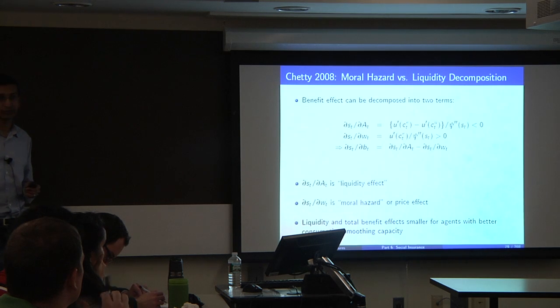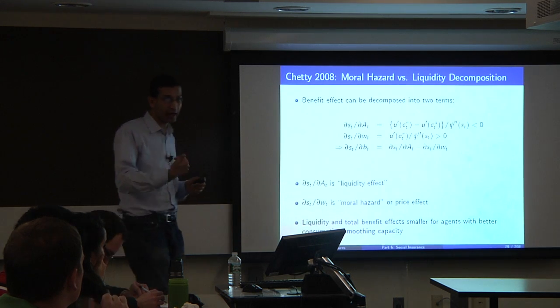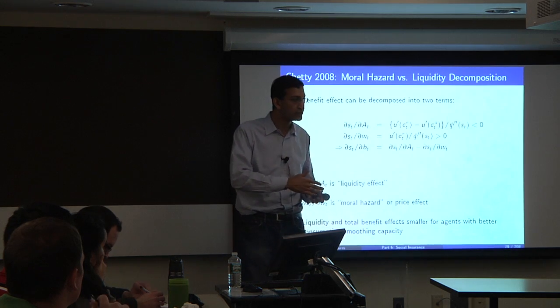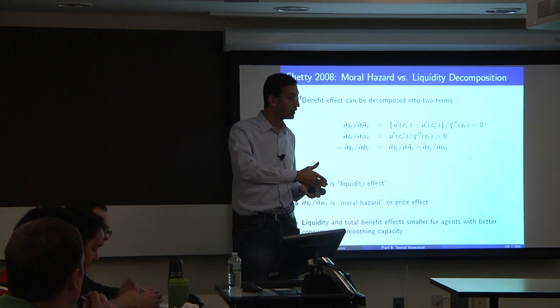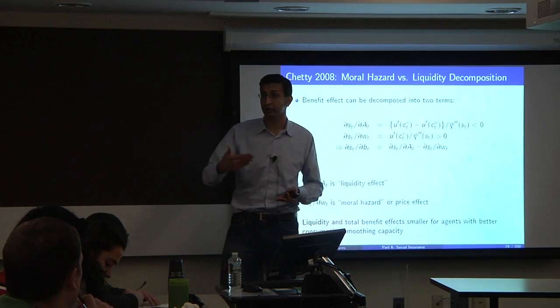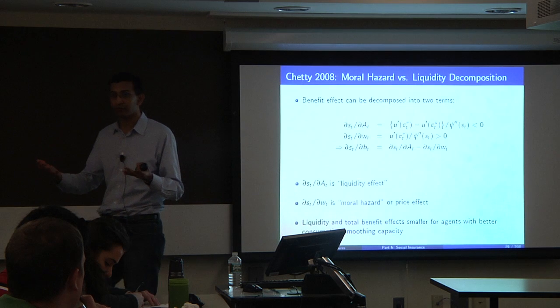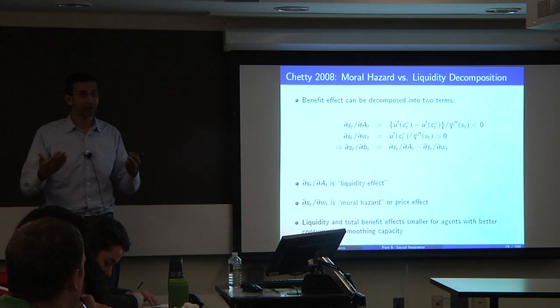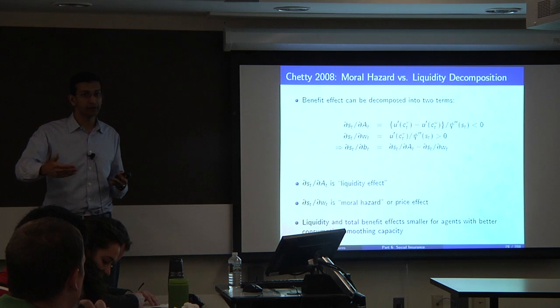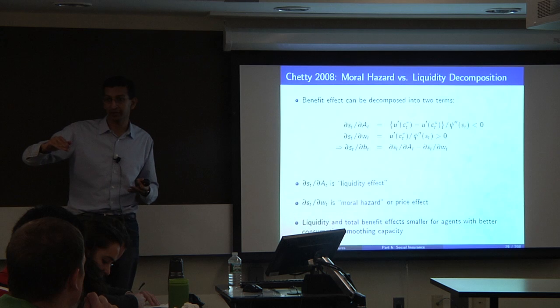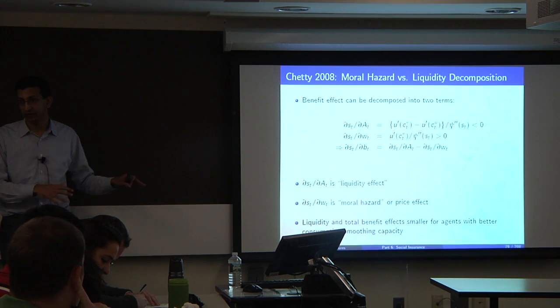It does two things. One, it gives you more cash on hand. It raises the amount of money you have, and that may change the amount that you want to search, just because when you feel richer, you don't feel as pressed to get a job, and so you end up searching less hard or being more selective in the type of jobs that you take. So that's the liquidity effect.